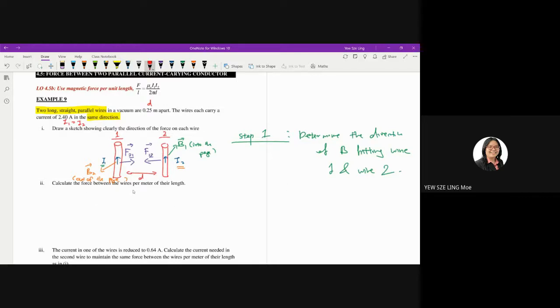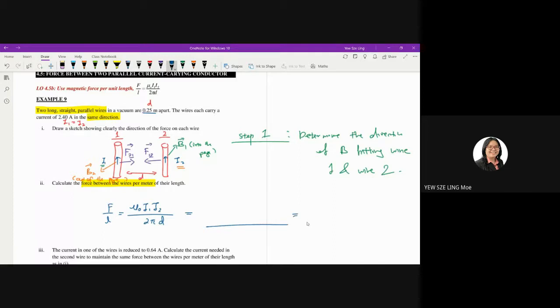So calculate the force between the wires per meter. It's asking for force per meter, F over L. So F over L equals mu naught I1 I2 over 2 pi D. So plug in the values. You have I1 equals I2, both equal to 2.4, and the distance between the two wires is 0.25.